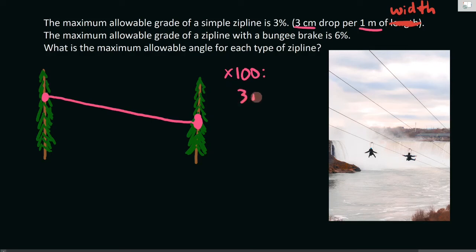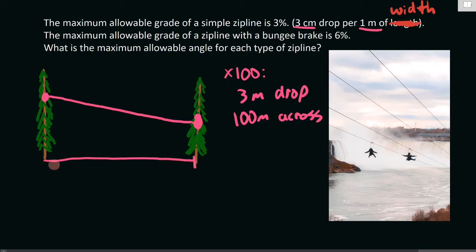So that's 3 meters drop for 100 meters across. So if these 2 trees are 100 meters across, then my drop is 3 meters.